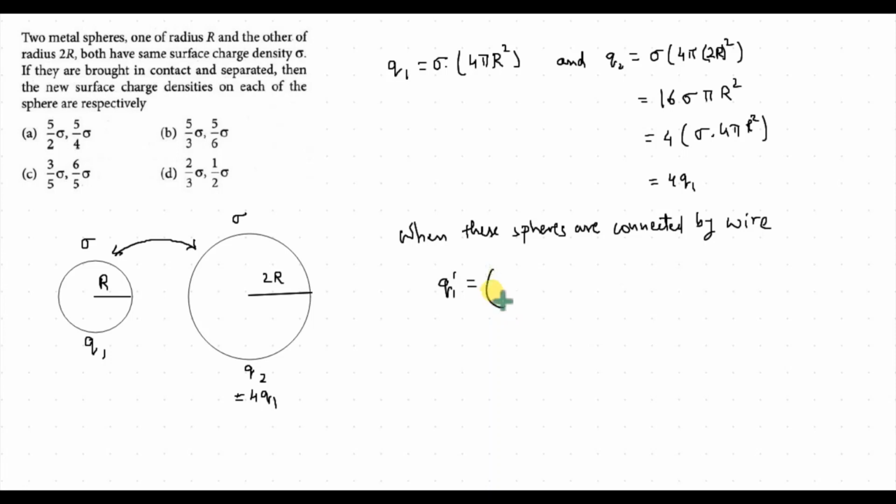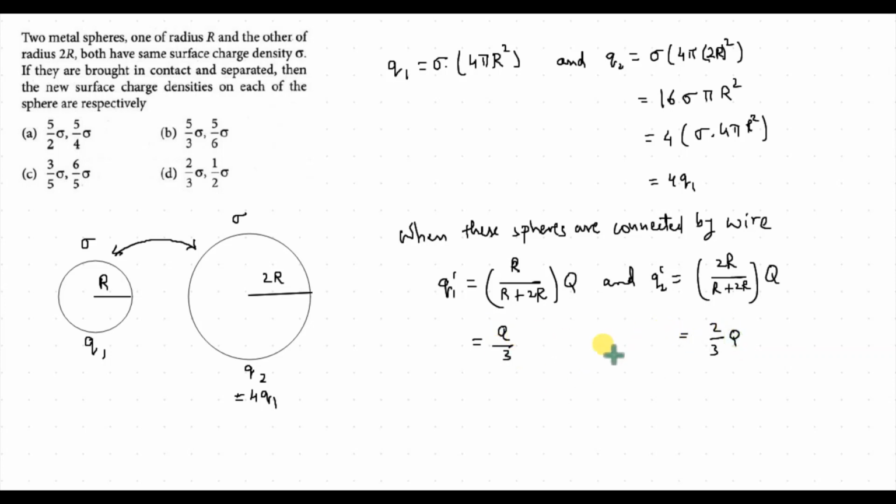You know that the charge on the sphere after contact is written as q1 dash equals the radius of the first sphere upon r plus 2r, into the total charge, and q2 dash equals the radius of the second sphere upon r plus 2r, into the total charge. So it is going to be 1 by 3 Q, and here it is 2 by 3 Q.